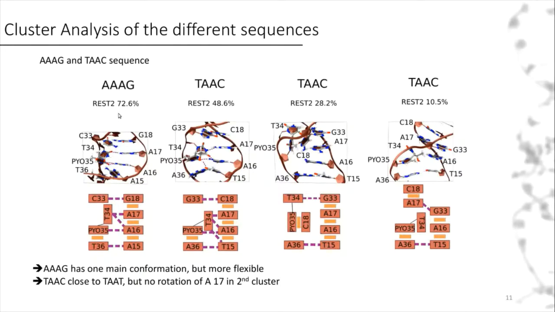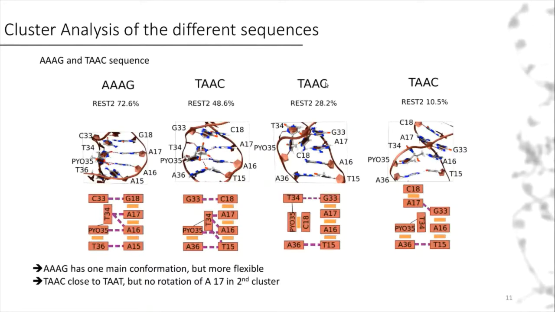So the first idea was that it is less flexible than the other one, but then it is clear that this cluster is wider than for the other sequence. That means in this cluster you have more conformations which are close but more flexible in one part.